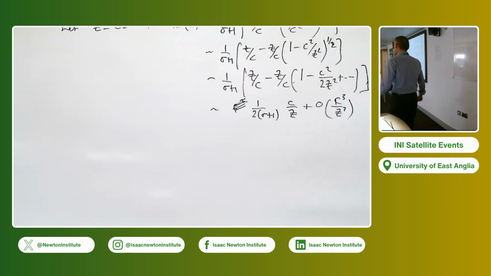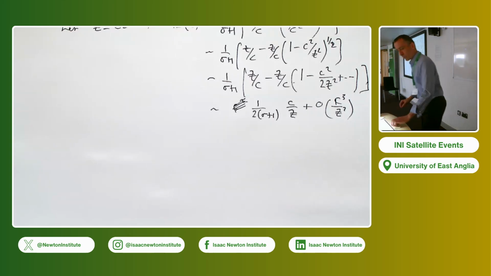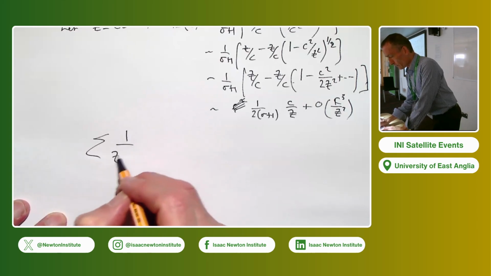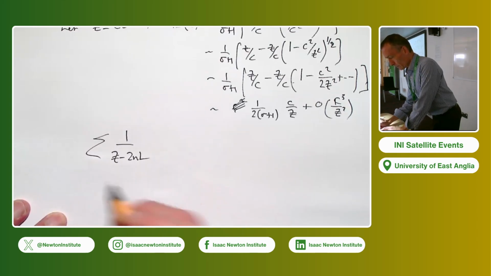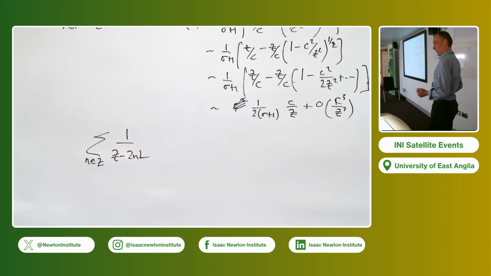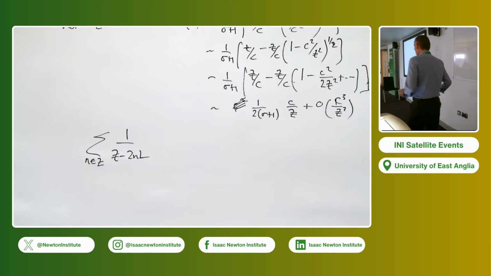Suppose I do this: pick any integer n, and I add a simple pole at 0, 2L, 4L, minus 2L, minus 4L.